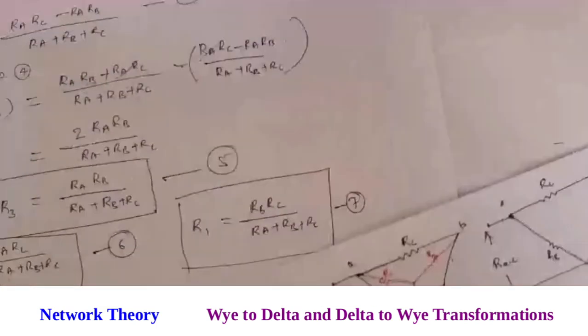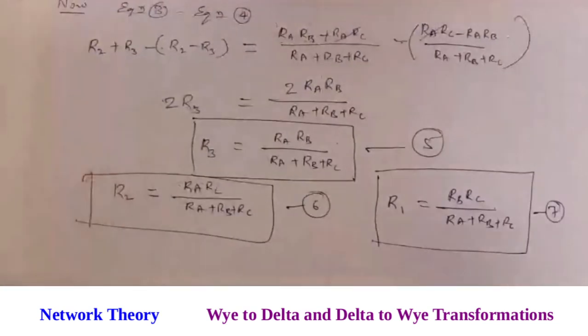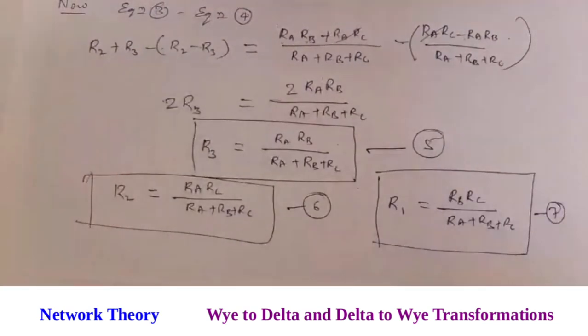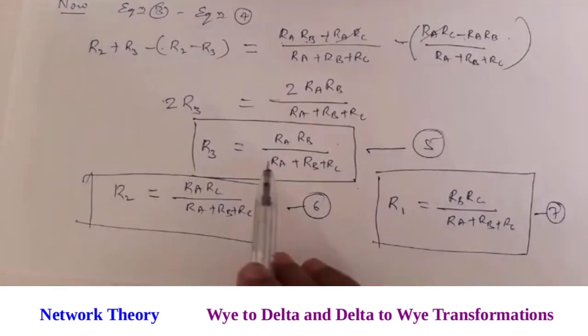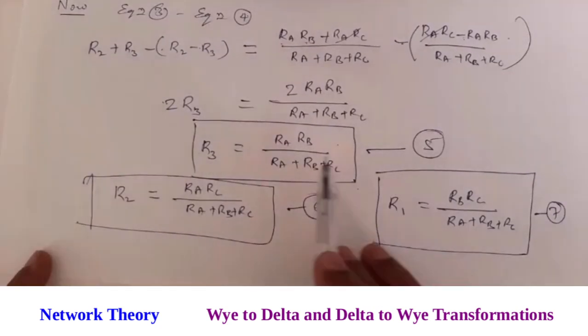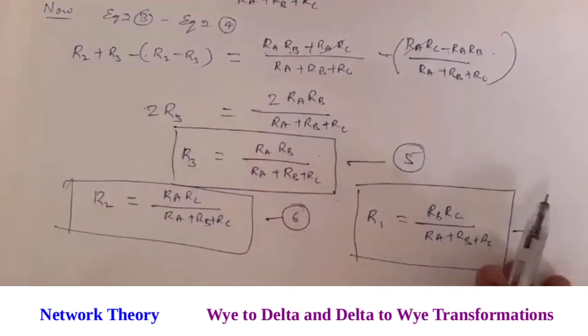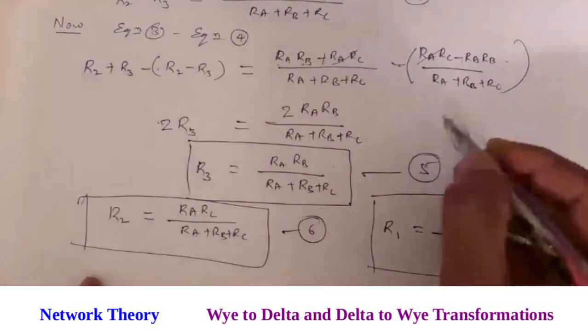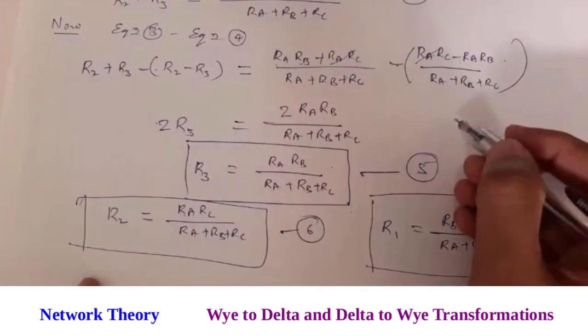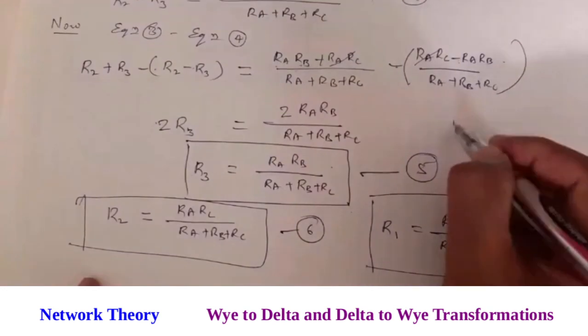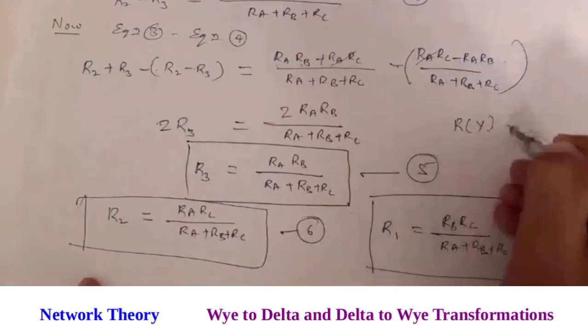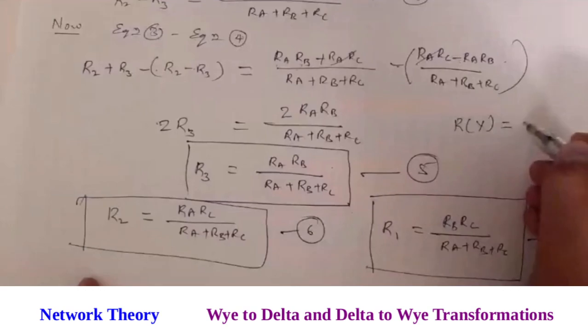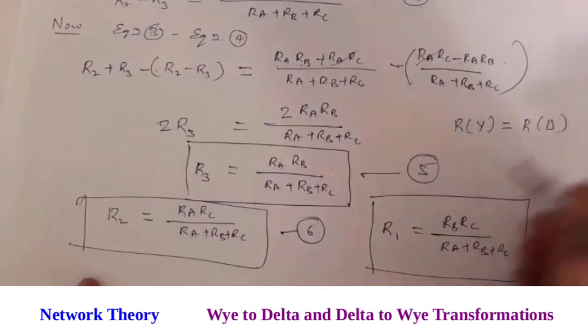I hope whatever I have derived so far is clear to you, and how to write these equations. What we have done, dear students, is build a relationship between the resistance of the Y network in terms of the resistance of the delta network.